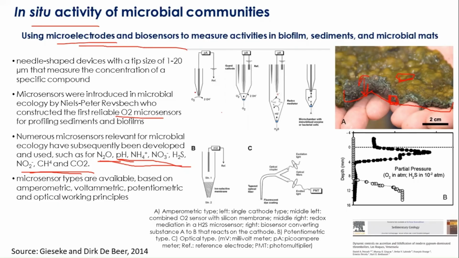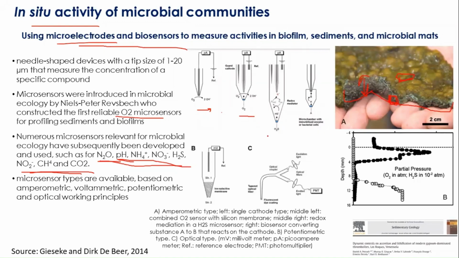Okay, I am not going into detail, but there are several different kinds of microsensors. For example, those microsensors which depend on oxidation reduction are mostly called amperometric microsensors. Then you have voltammetric sensors, which depend on the generation of voltage or current in the form of amperes in the sensors.